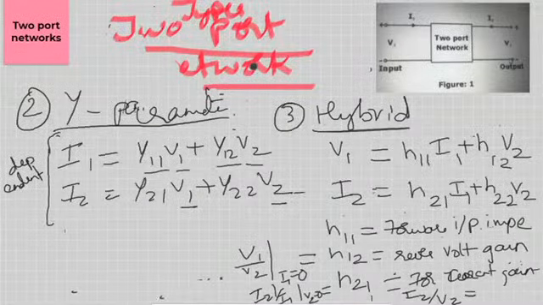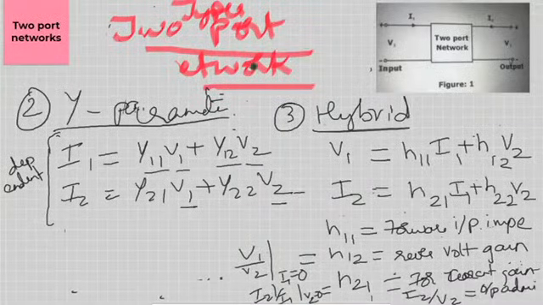Okay, I2 by V2. What is I2 by V2? This is output admittance. Okay, so you need to understand the terminology and why we are using it, why it is called hybrid, why it is called Y parameters, why it is Z parameters. When you understand these things, then you will never make mistakes in these equations while solving problems, friends.